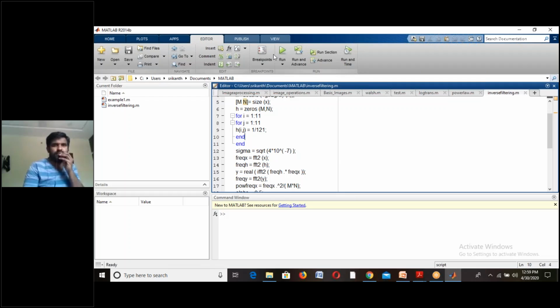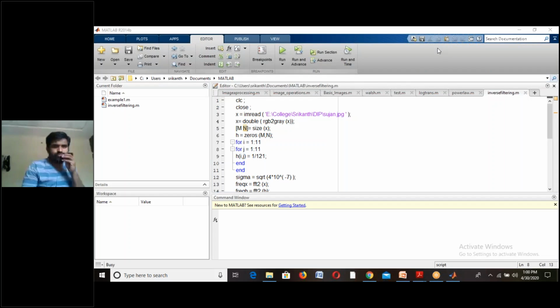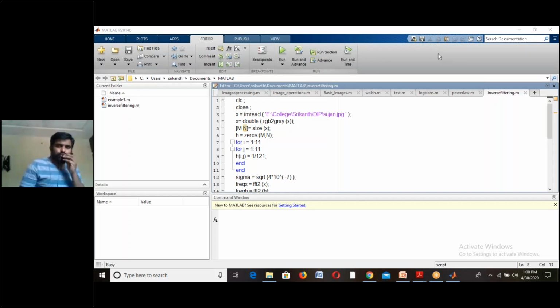Let me try here, a second. If the size is big, it is my son's image. Okay, I'll share all the programs even. I'm going to share all the slides.